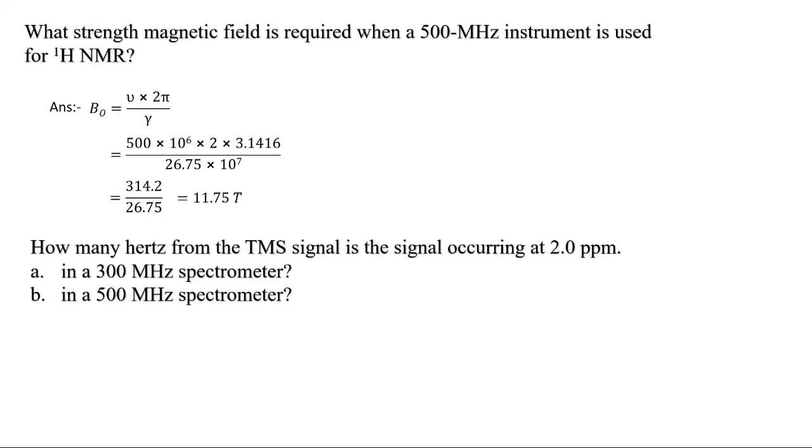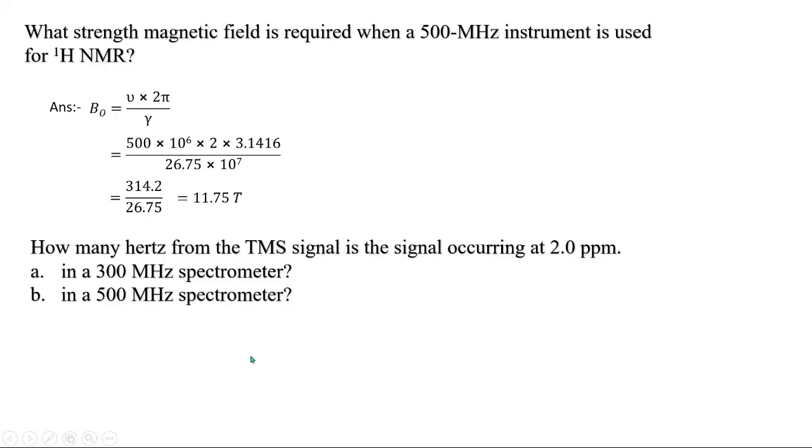If you see the NMR spectrum, there will be a TMS signal at around 0.0 ppm, and relative to that TMS we get 1 ppm, 2 ppm, and so on. So how many hertz from the TMS signal does the signal at 2.0 ppm occur? If you are using a 300 megahertz spectrometer, that 2 ppm will be how many hertz? That is what we have to calculate.